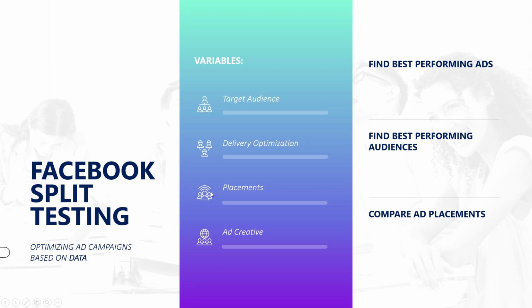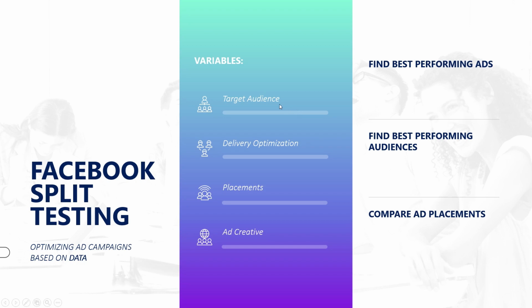So let's take a quick example. Let's say you want to figure out your campaign performance, and you want to compare your custom audience versus lookalike audience. Then you can run a Facebook split test, and in one ad group you can choose your custom audience, and in the second ad group you can choose your lookalike audience.